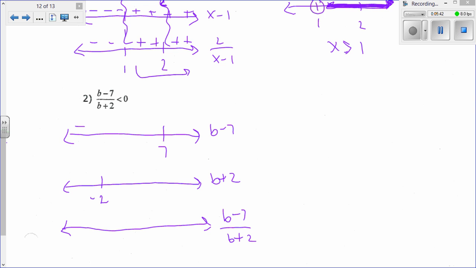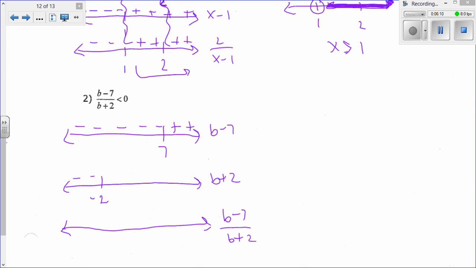So that means everything to the left is negative. If I put a number greater than 7 in, 8, 9, 10, 100, 300, 500, it's going to be positive. On my second number line, if I put a number less than negative 2, say for example negative 10 or negative 20 or negative 30, that's going to make my answer negative.